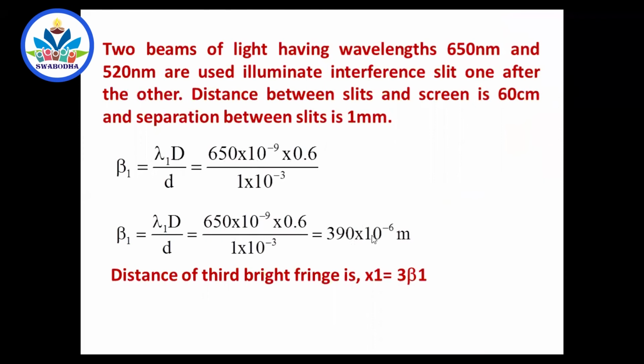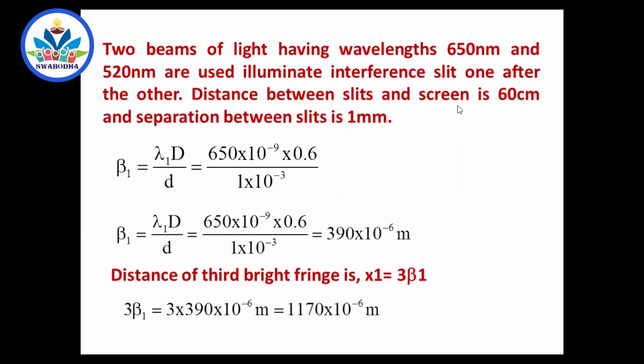This is 390 micrometers. Now, distance of the third bright fringe is, what you have to do? 3 beta, isn't it? Distance of the third bright fringe due to 650 nanometer. 3 beta, 3 into 390 micrometers. That is 1170 micrometer. That is the distance of the third bright fringe from the central bright fringe. 1170 micrometers.